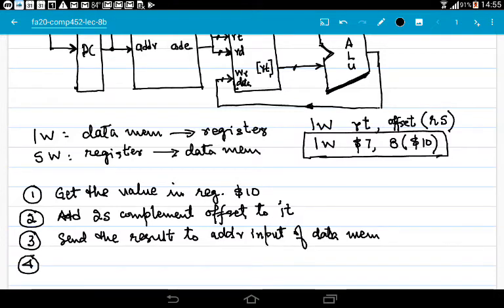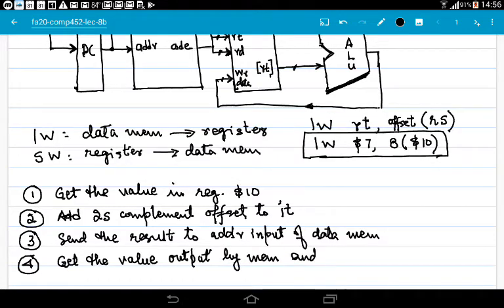Then, get the value output by memory and store it in register 7. This is what it's going to do.